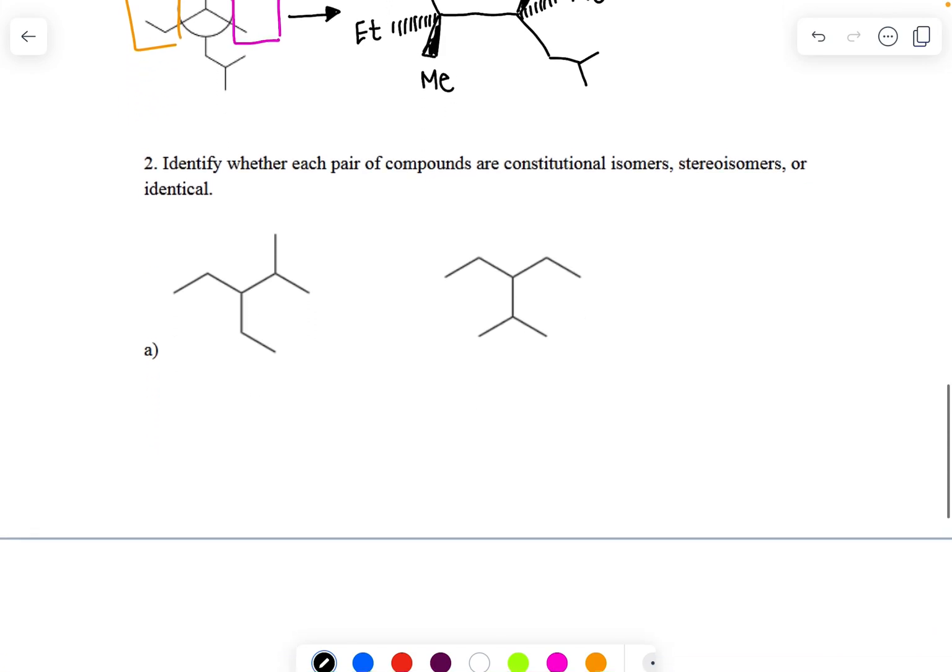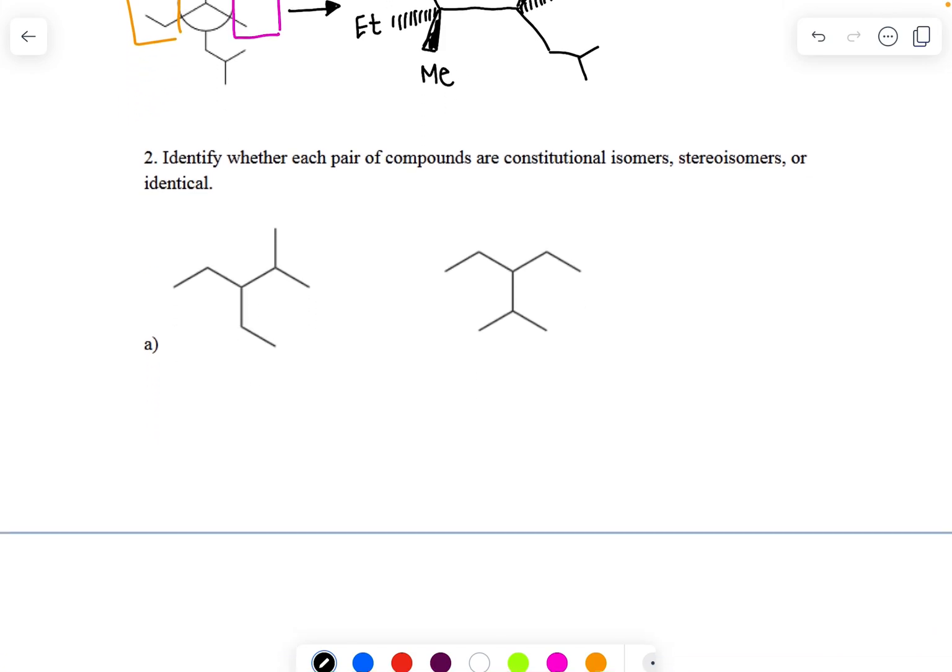Down here, identify whether each pair of compounds are constitutional isomers, stereoisomers, or identical. For this one, I'm going to tell you these are identical. I'm going to show you where they're identical.